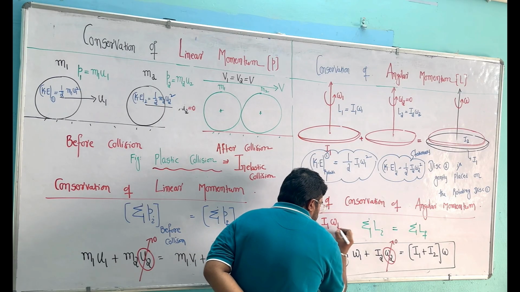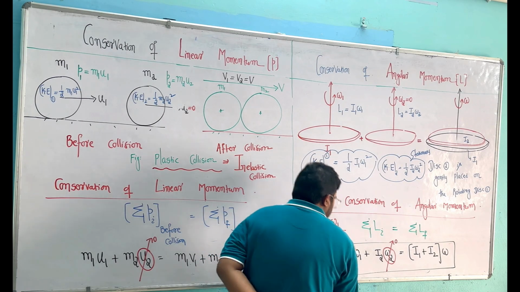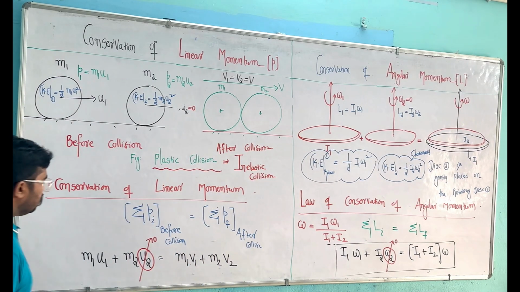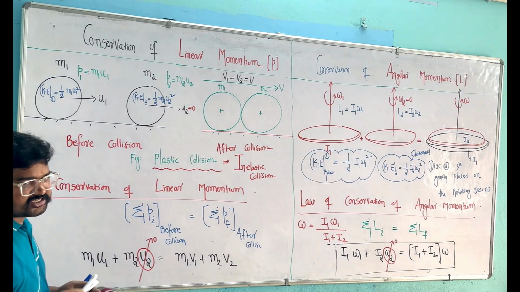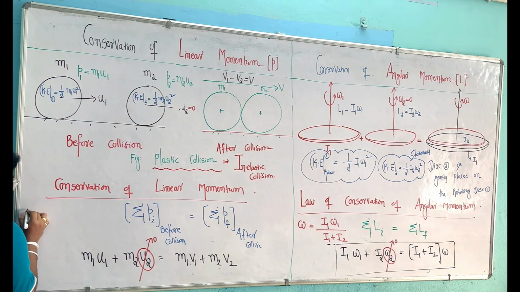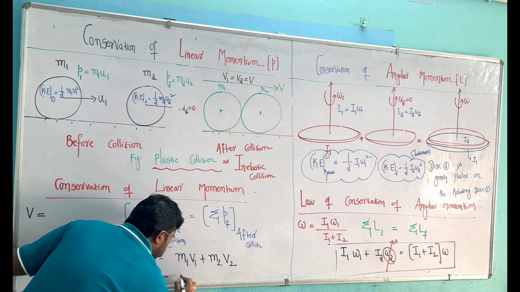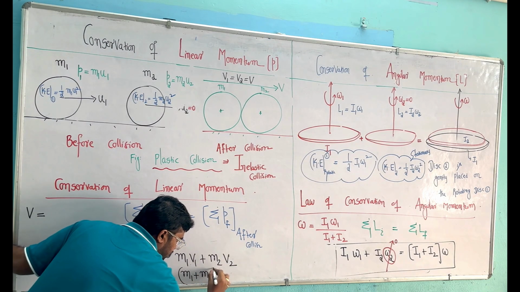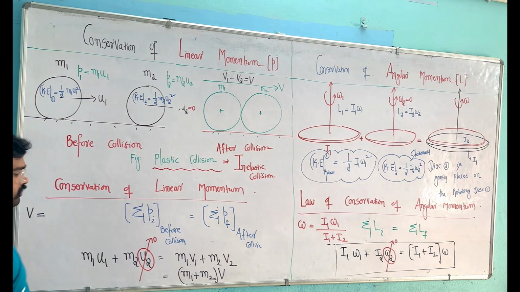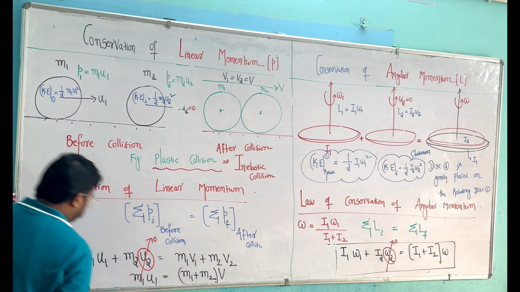I1 omega 1 by how much? I1 plus I2. Now coming to here, V1 equal to V2 equal to how much? V. Then V can be written as M1 plus M2 into V. This is M1 U1.